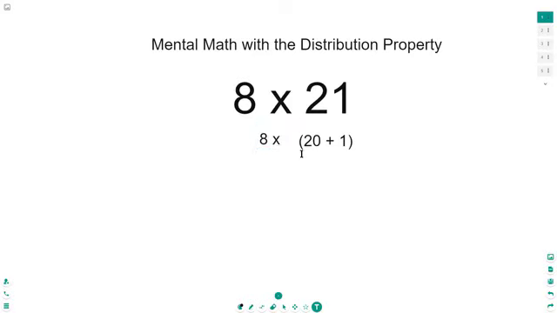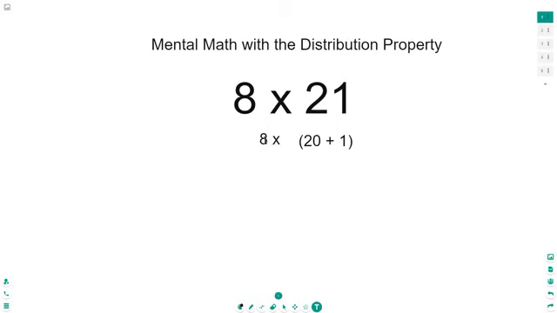I'm showing you visually the mental math that happens, but we practice talking about this. So we start with the 20 there, and we say, well, what's 8 times 20? And we think about it. Okay, that's 160. Great. We're going to hold that number in our mind. We say it three times to ourselves: 160, 160, 160. That's our first distribution. 8 times 20 is 160.